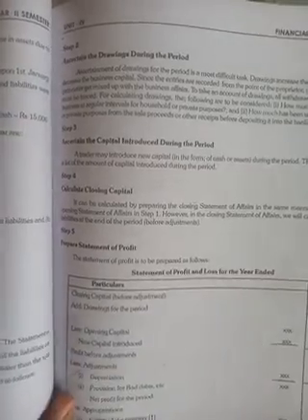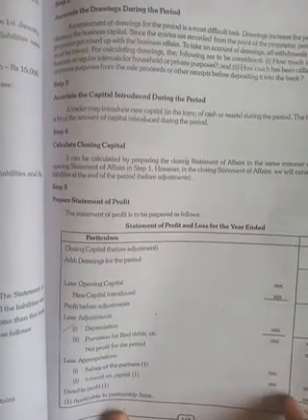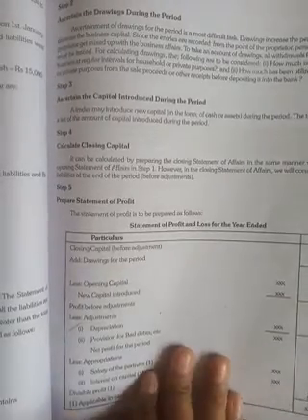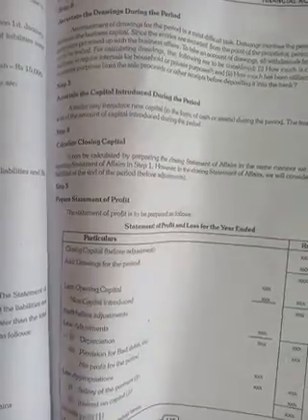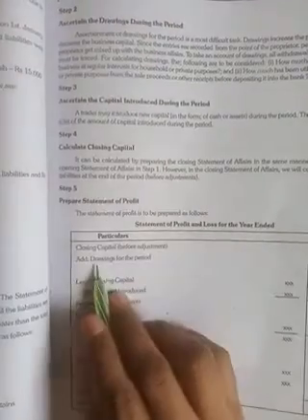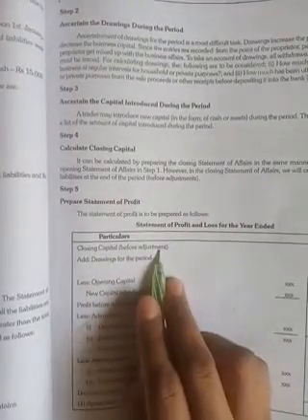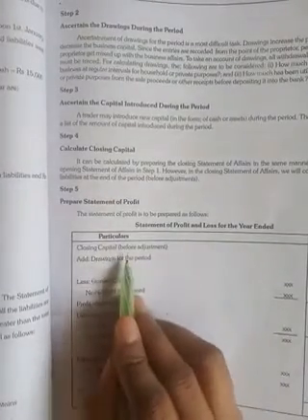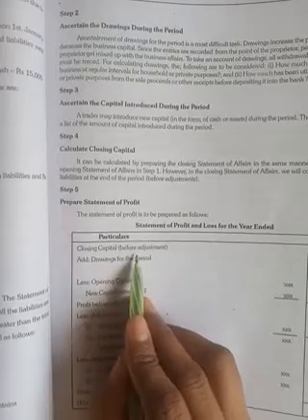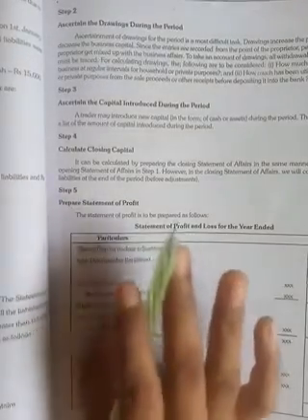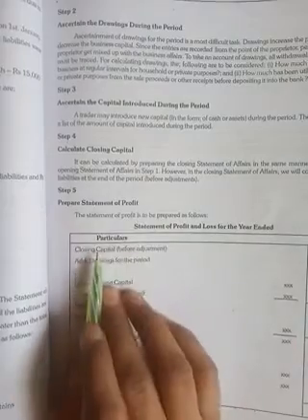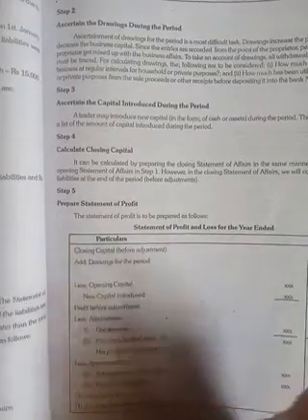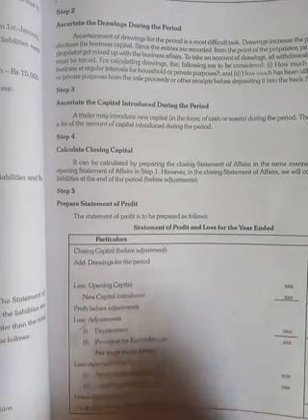We already know the pro forma of the statement of profit or loss for the year ended. Now see the pro forma for clarification of the problem. First will be taken as the closing capital before adjustments. Before adjustments means we did not take any adjustment values; to find this closing capital, we did not do any depreciation, any outstanding, any prepaid expenses.